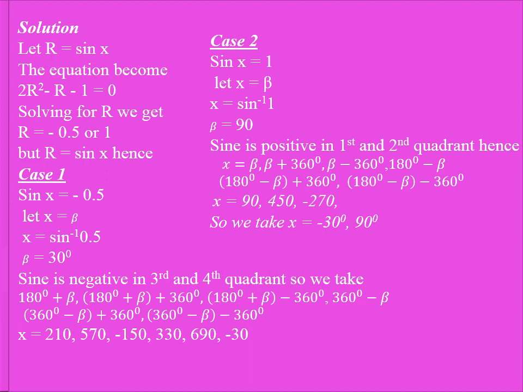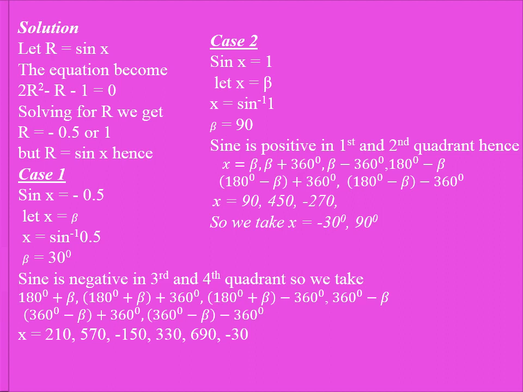We are going to let x be beta, and then we have beta is equivalent to sin inverse of 0.5. So beta is equivalent to 30 degrees. And then we have sin is negative in the third and fourth quadrant.